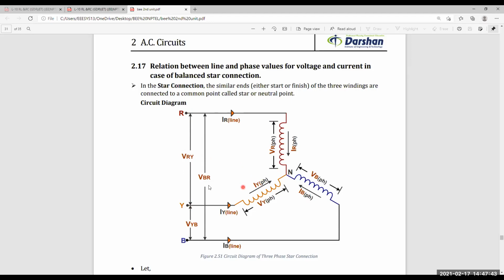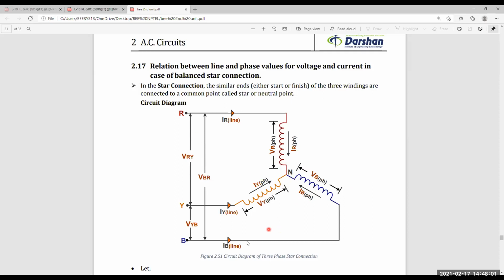So VRY is called a line voltage, VYB is another line voltage, and VBR is another line voltage. This is called the neutral point. These are the phase voltages: VR phase, VY phase, VB phase. These are the different line voltages and phase voltages.